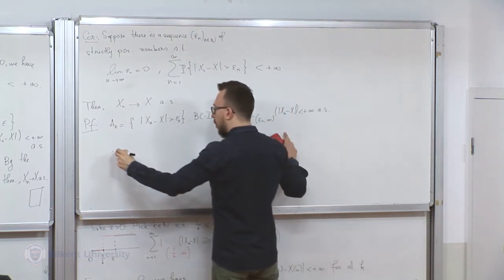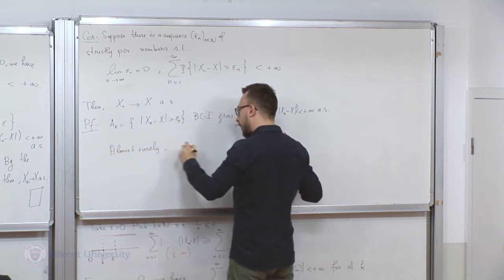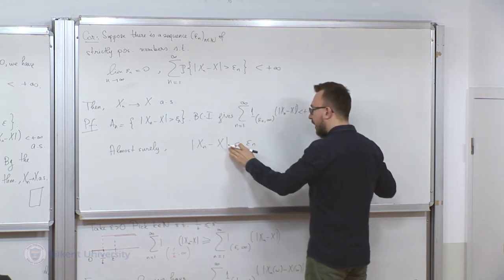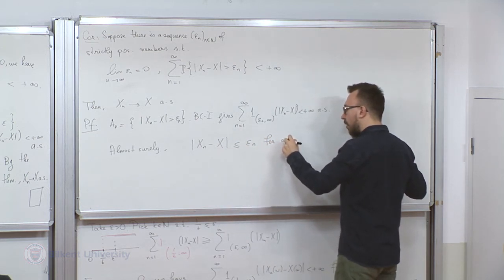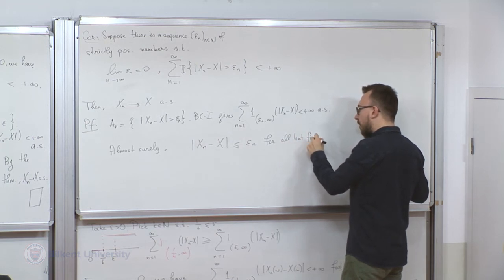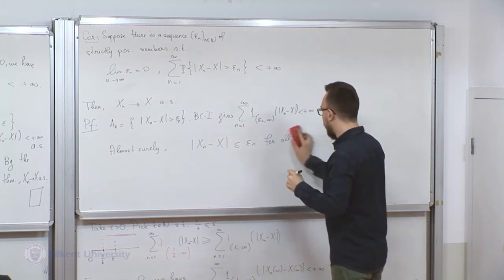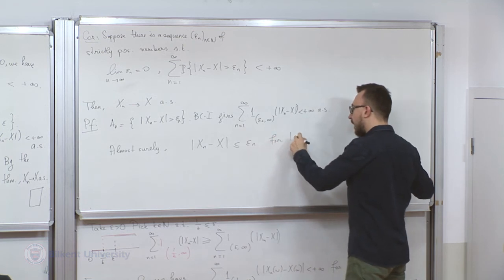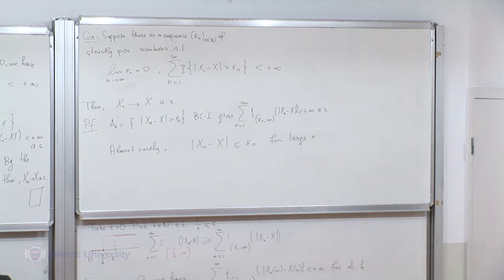So this means almost surely the difference between X_n and X is less than epsilon_n for all but finitely many n. Or let me say, for large n. Namely, there is some index after which you always have this property, right?